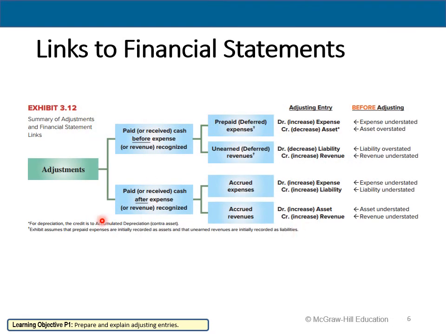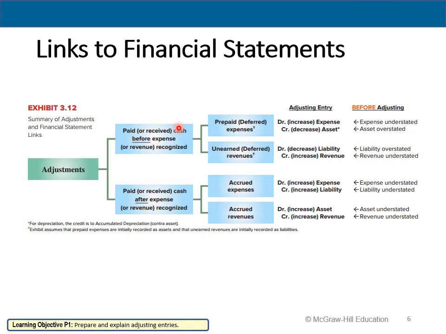This really is just a graphic illustration of what I just said as it relates to adjusting entries, this branching analysis as it relates to the timing difference.